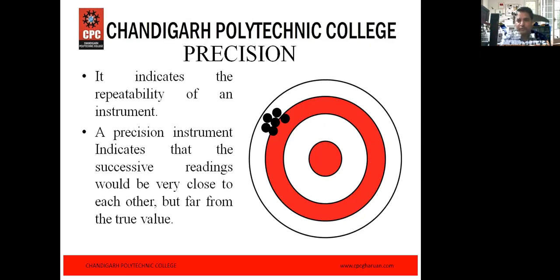As shown by the black dots, they are far from the center red circle, that is the main target of a reading, but it has deviated from its main target and hit repeatedly at the same point or around its location. That is the precision.